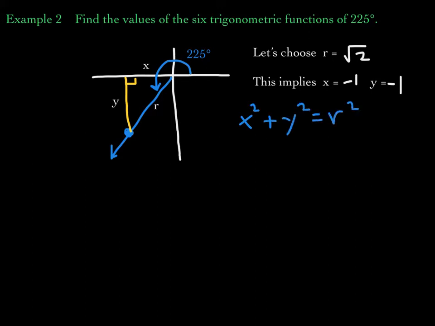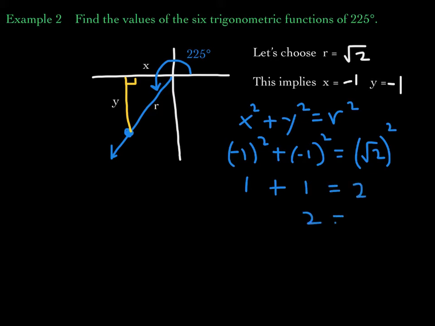And that's true. -1 squared plus -1 squared is equal to √2 squared, right? We would have 1 plus 1 is equal to 2. 2 is 2, right? So choosing x and y to be -1 satisfies this identity. We chose r to be √2, which means that x must be -1 and y must be -1.